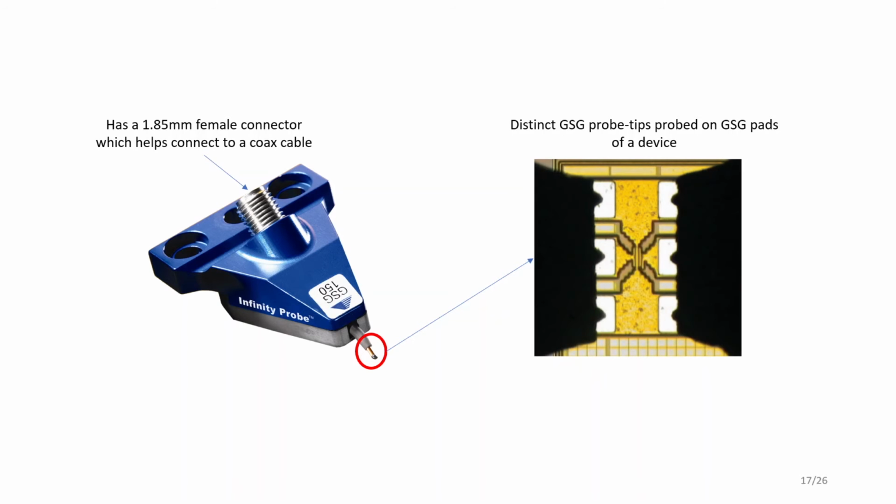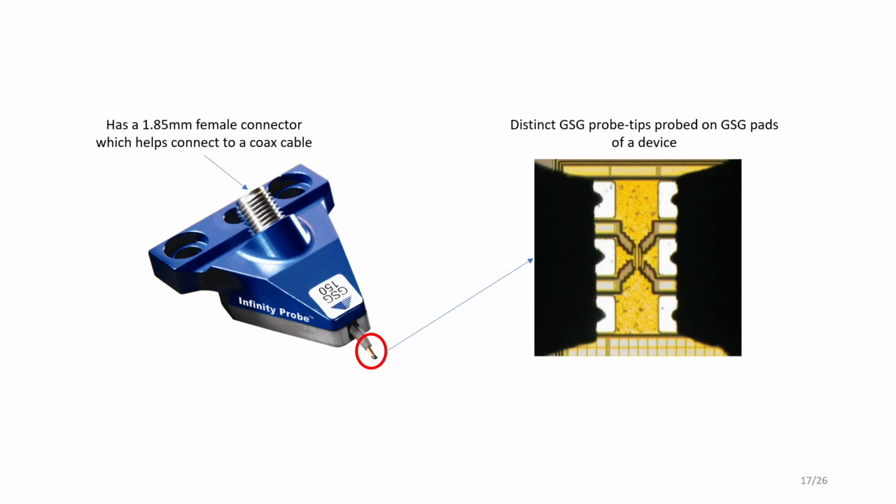So if we know that we're going to perform measurements on these transistors to check their amplification behavior in the active region in the common source configuration, even before we fabricate the device, we can make it such that the pad for the gate terminal comes in between the pads for two source terminals on one side, and the pad for the drain terminal comes in between the pads for the two source terminals on the other side.